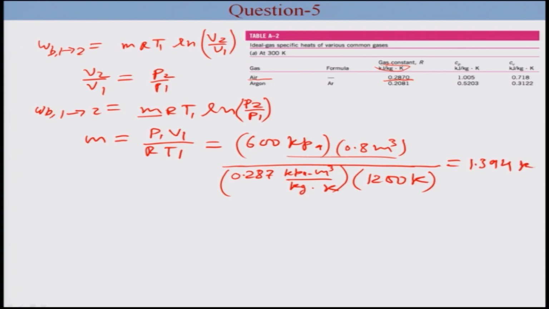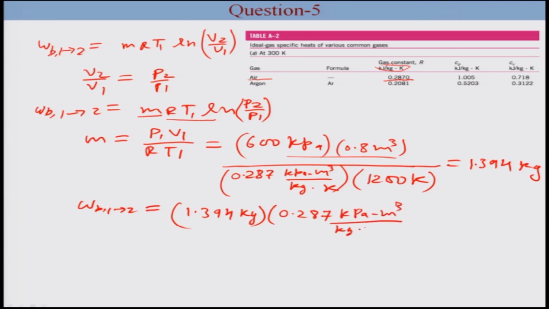So this gives 1.394 kilogram. So total work will be 1.394 kilogram into R, 0.287 kilopascal meter cube per kg Kelvin, and initial temperature is 1200 Kelvin, into ln of P1 by P2, so 600 kilopascal to 300 kilopascal.